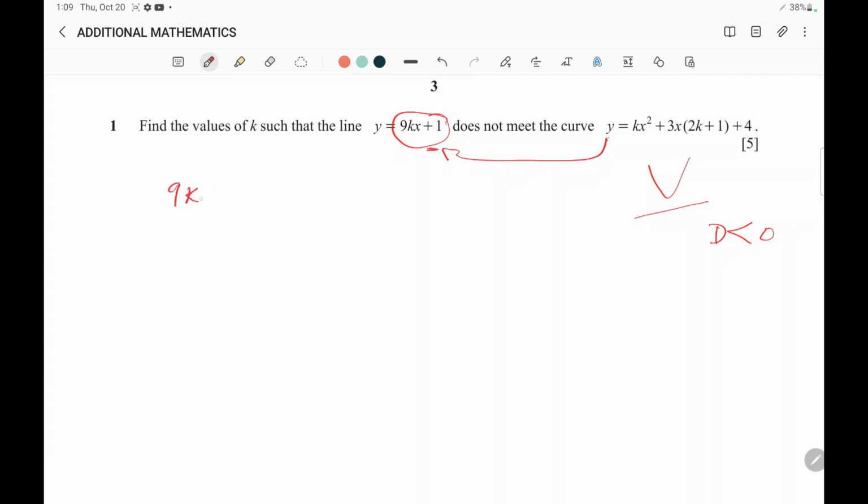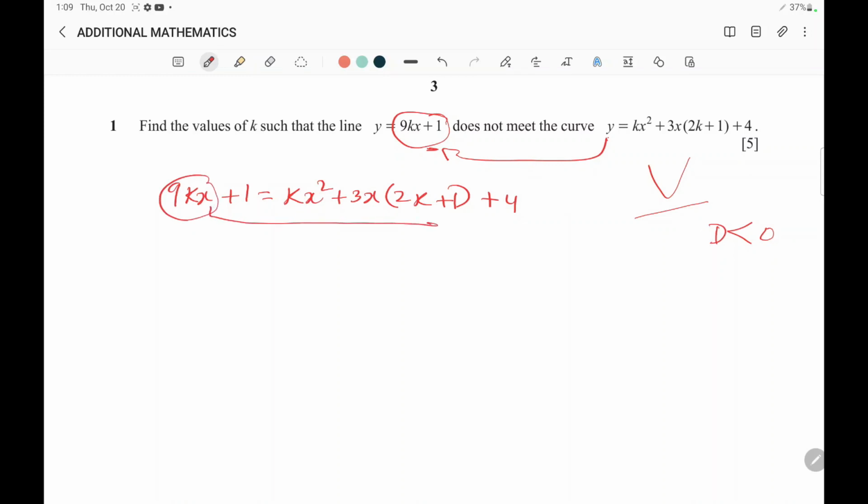So this is 9kx plus 1 equals kx squared. Now 3x, 2k plus 1 and plus 4, right? One more time. This y equals 9kx plus 1, and this is kx squared, 3x bracket 2k plus 1 plus 4. Okay, that's great. Now we have to make a quadratic equation.